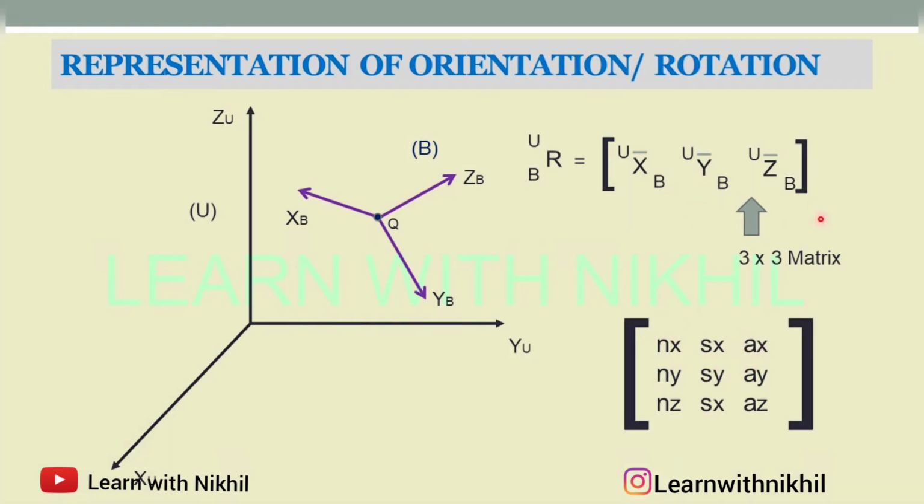So this 3 by 3 matrix is further represented as the normal X, normal Y, normal Z, sliding X, sliding Y, sliding Z, and approach X, approach Y and approach Z. So for position, which we have seen earlier, it is represented as one matrix, that is the 3 into 1 matrix or one vector, and the rotation and the orientation is represented as 3 into 3 matrix or 3 vectors.